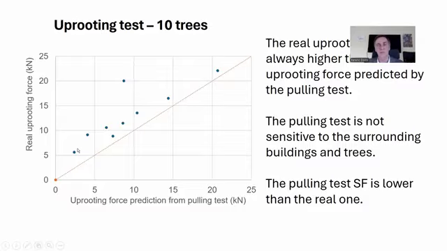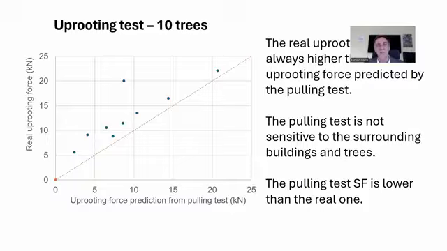So the system is conservative. Roughly 10 to 20% is the deviation, except for one with a much higher deviation, but it's only one case out of 10. So for this reason, the pulling test safety factor is lower than the real one.